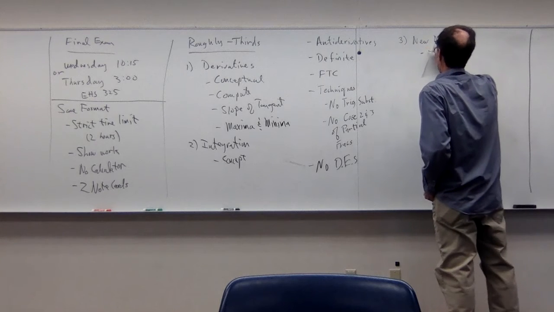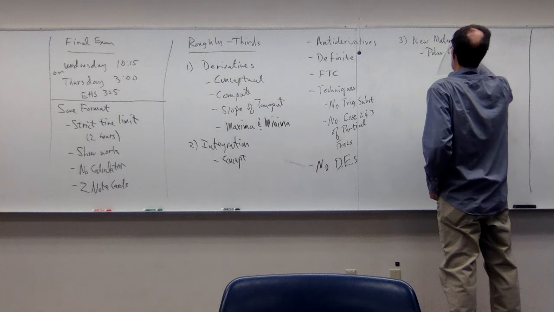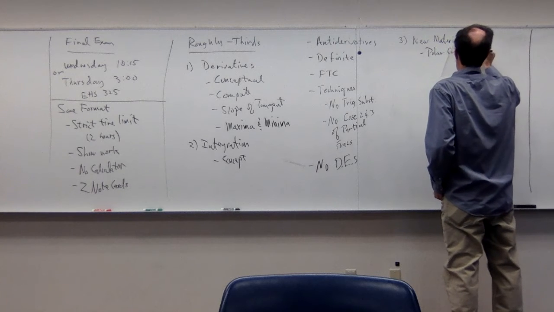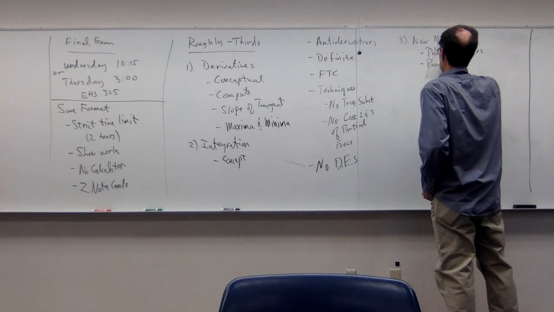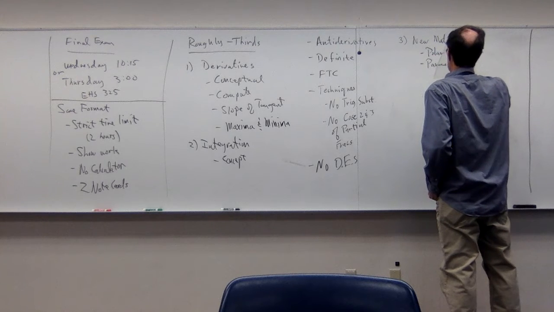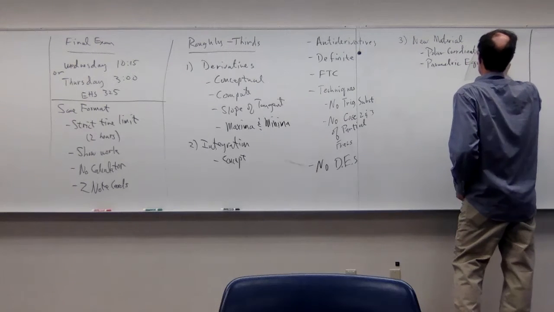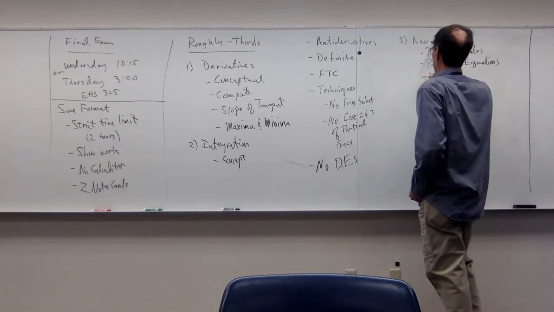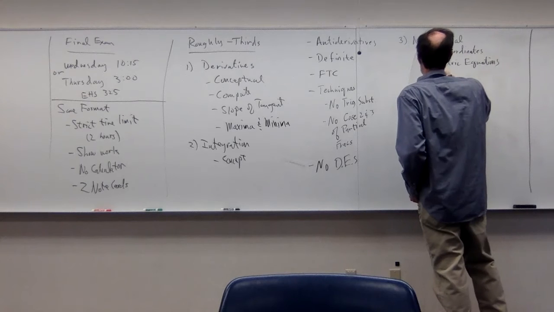So just working backwards, we have polar coordinates. And jamming it all in here at the end. Hopefully sort it out. Parametric equations. Taylor Maclaurin series.